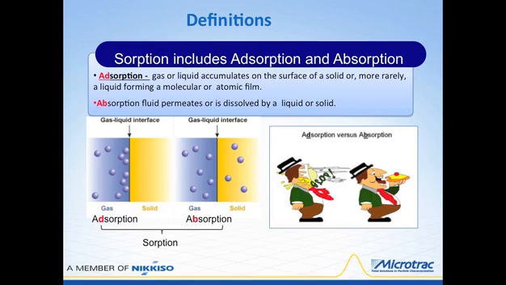So this poor fellow with the pie in his face is considered adsorption, and this fellow over here, where he's eating the pie, would be considered absorption because it's entering the substance rather than just remaining on the surface.